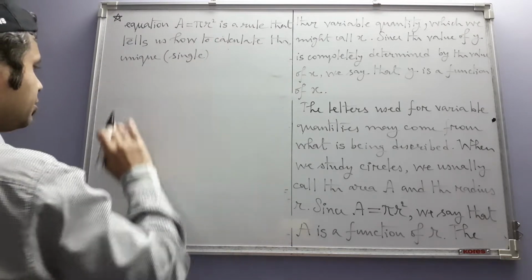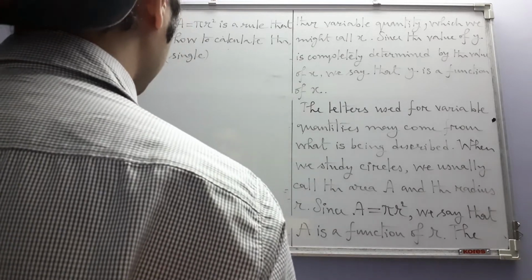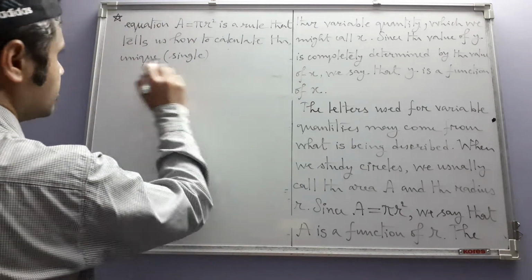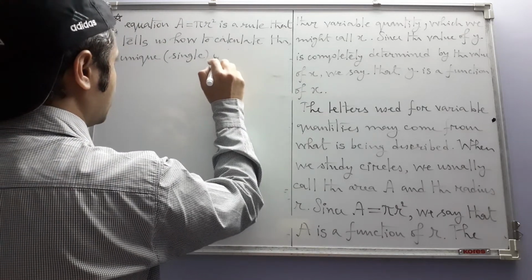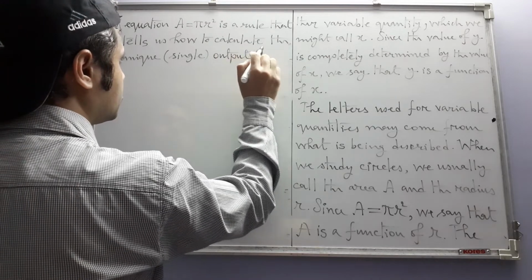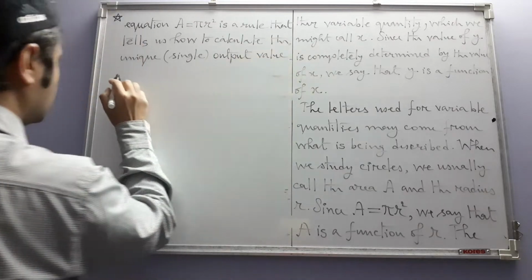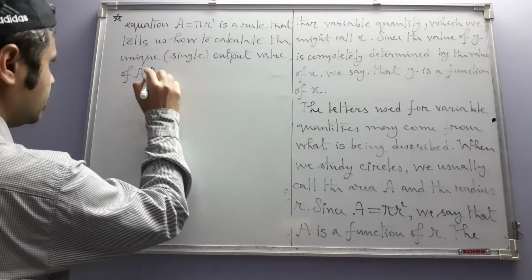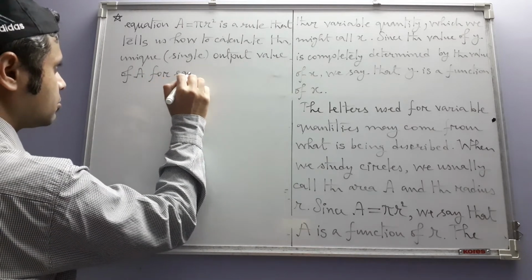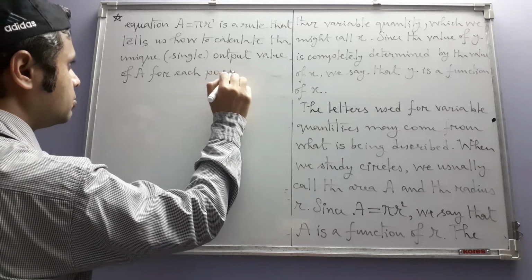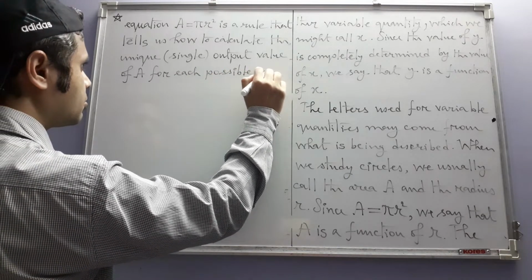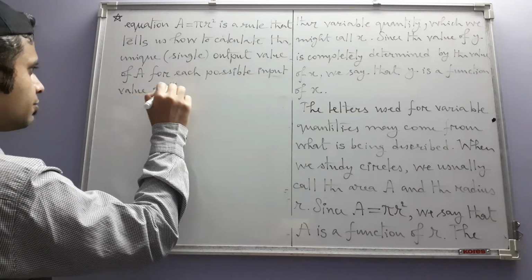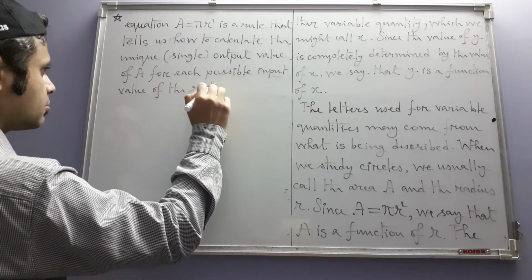I don't want to miss any words that the authors are saying, because there may be something hidden in those words themselves. Okay, so how to calculate the unique output value of a for each possible input value of the radius r.